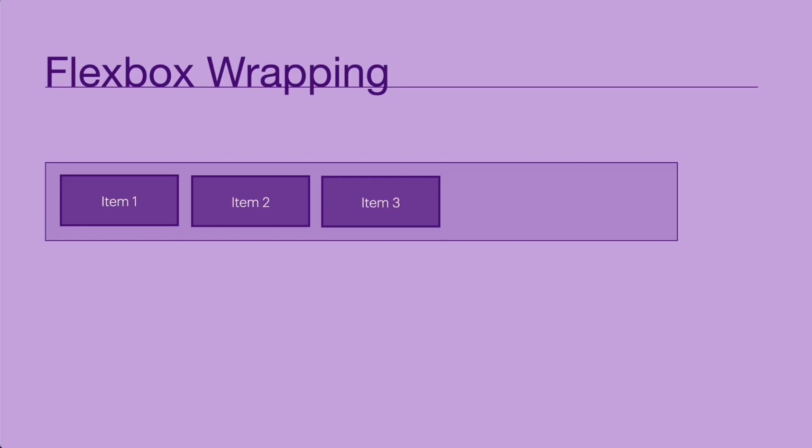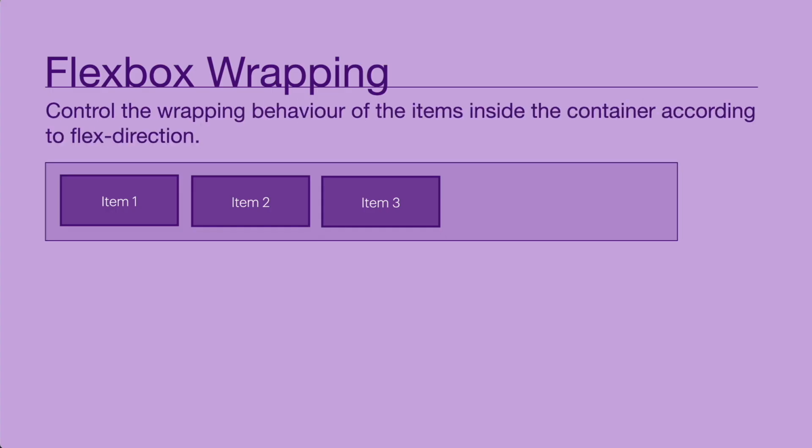Okay, but what if we want to be able to control the wrapping of the Flexbox items? In this case, we can use the Flexbox wrapping. This property controls the wrapping behavior of the items inside the container according to flex direction.